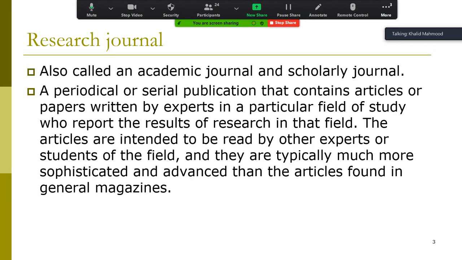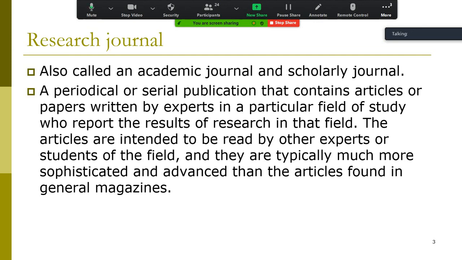People read those articles by accessing research journals through libraries, through the internet, or through subscription-based platforms available on the websites of the publishers.